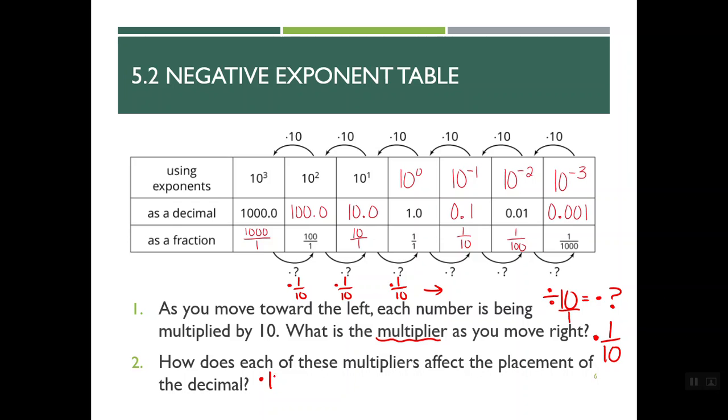So multiplying by 10 moves the decimal one place to the right, multiplying by 1/10 moves the decimal one place to the left. And I would maybe get that written in your notebook somewhere.